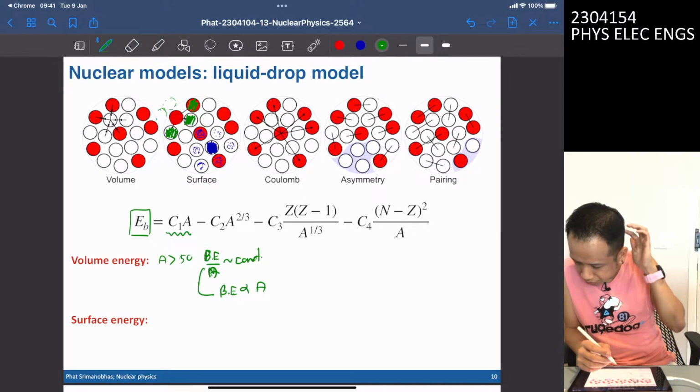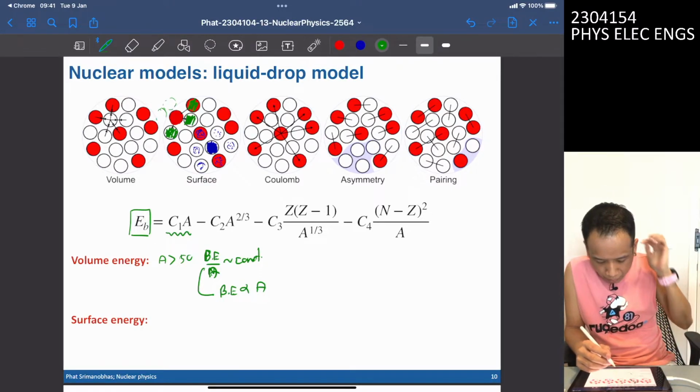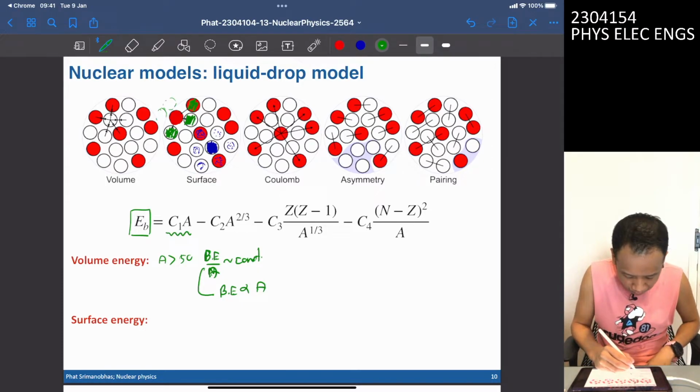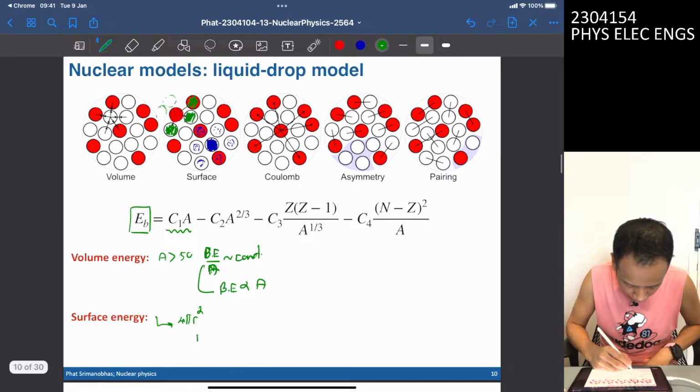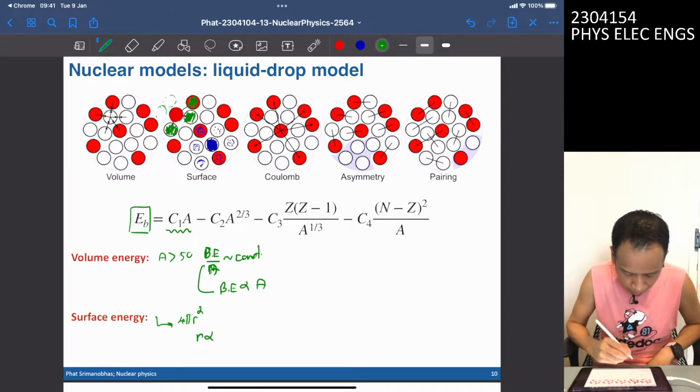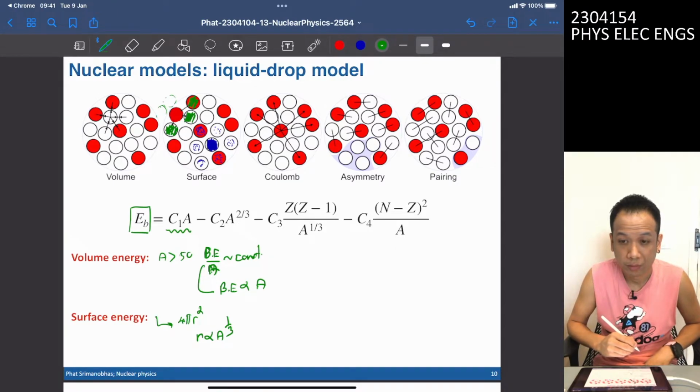So when we are talking about the surface, it has the area 4 pi r squared, right? And we learned already that r is basically proportional to A to the 1/3.